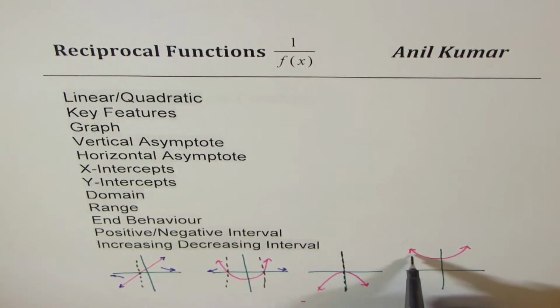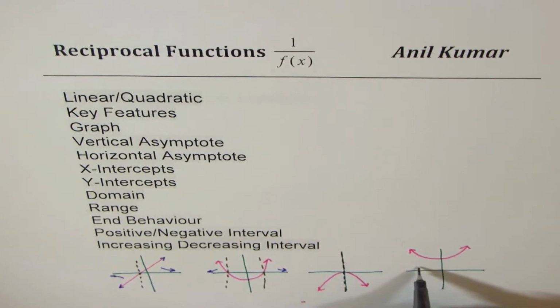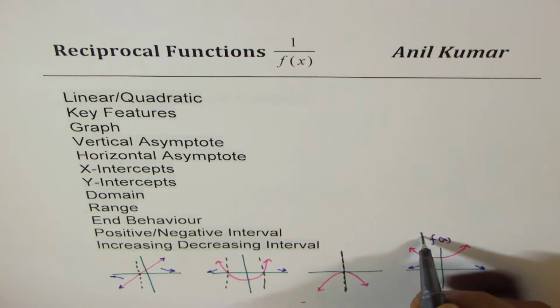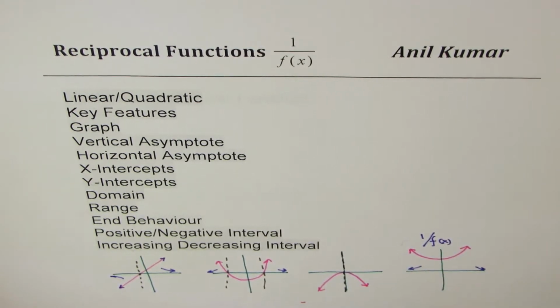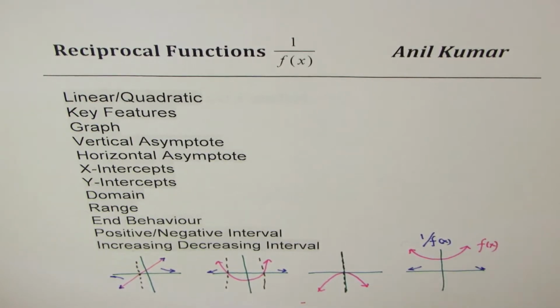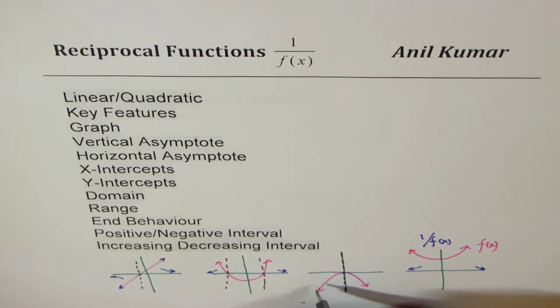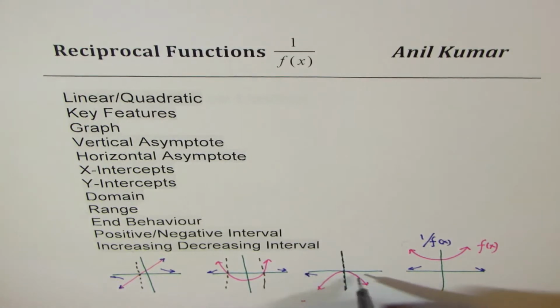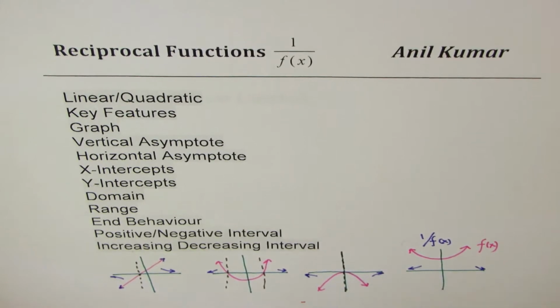Now these are approaching positive infinity, so we'll approach 0 for the reciprocal function, right? So imagine that this is the reciprocal function, so 1 over f of x. And this is reciprocal of the function f of x, correct? Now in this particular case, since we are approaching negative infinity, the graph of reciprocal function will approach 0, but from the negative side, okay?